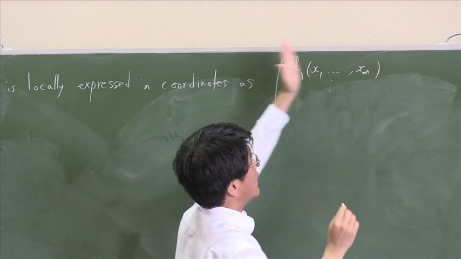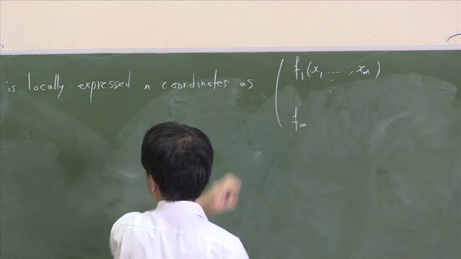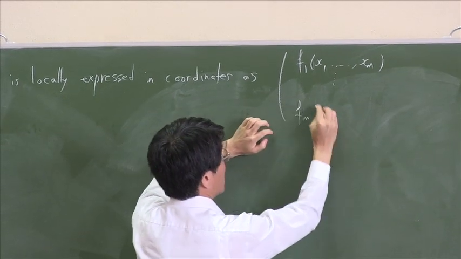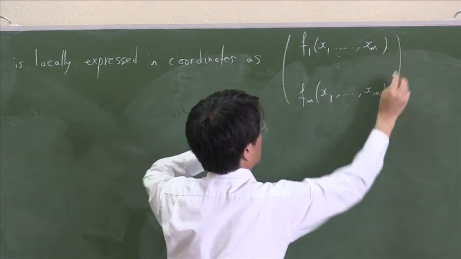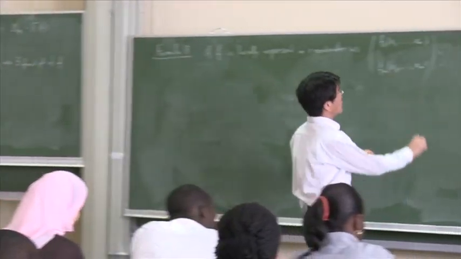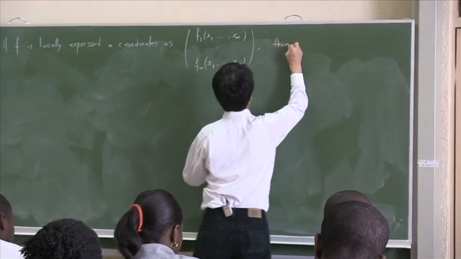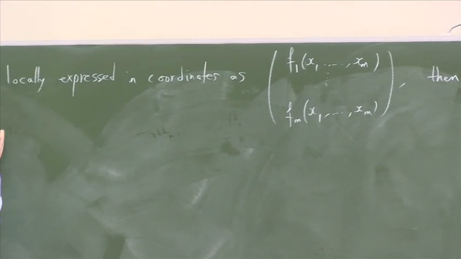If you like, this is y equals something like this. And then there are m components, because I'm mapping an m-dimensional manifold to an n-dimensional manifold. Suppose that you have an explicit expression of f like this. Then it turns out that the Lefschetz number of f can be calculated explicitly also.